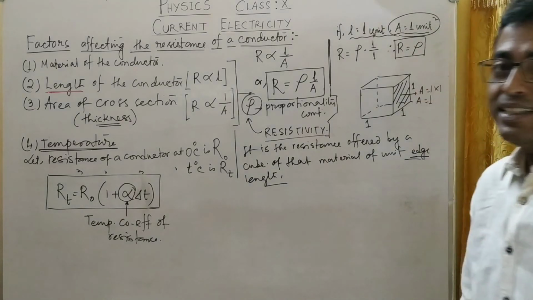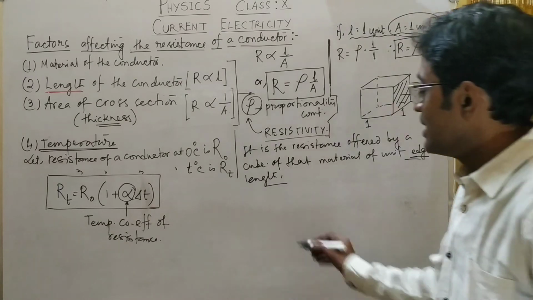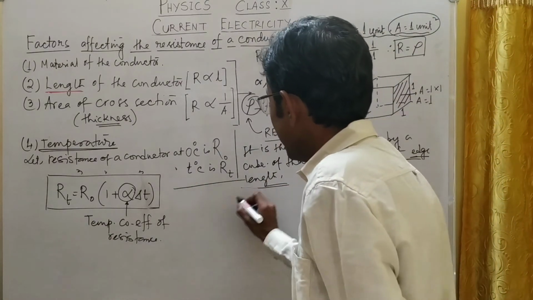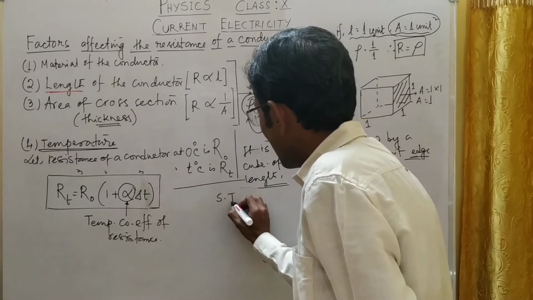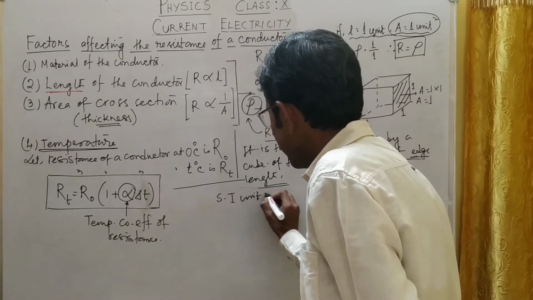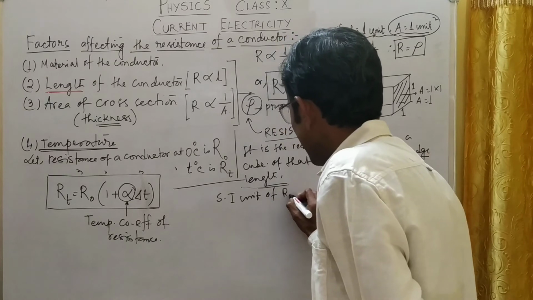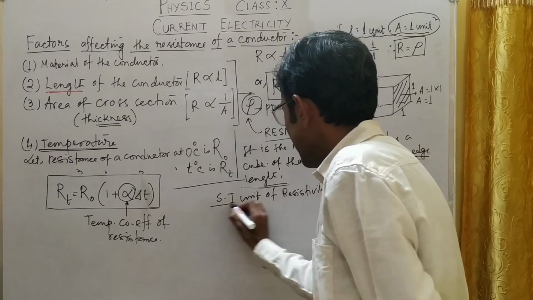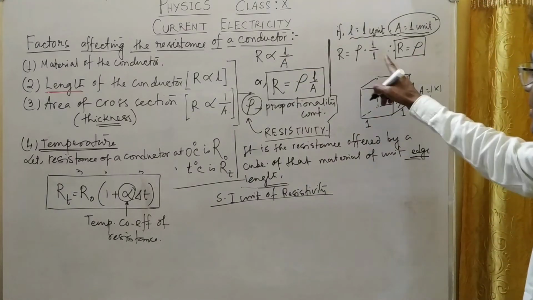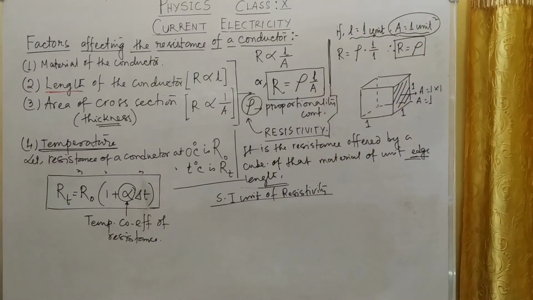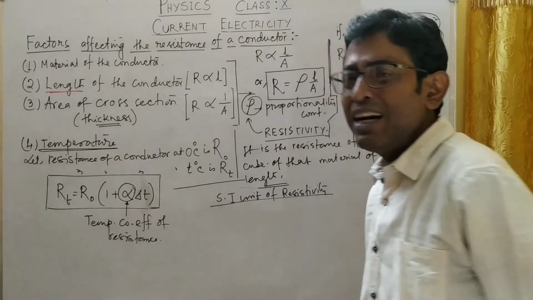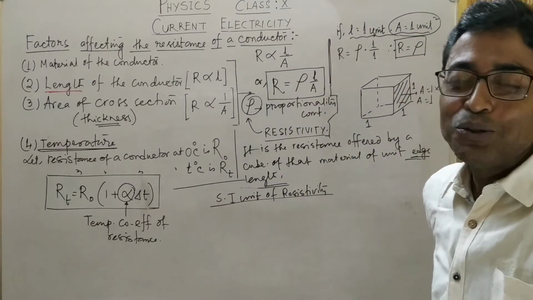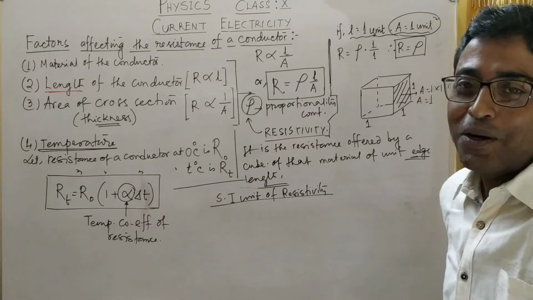Now let us find the SI unit of resistivity. The next topic we are getting into is the SI unit of resistivity. We have to know how to derive this, because otherwise how many units can you remember?